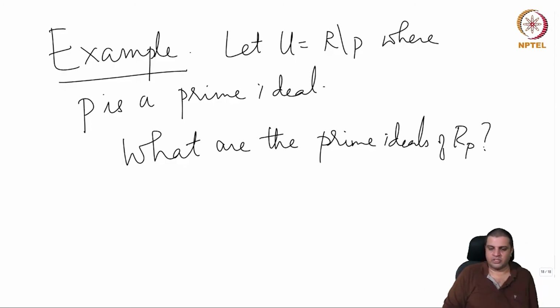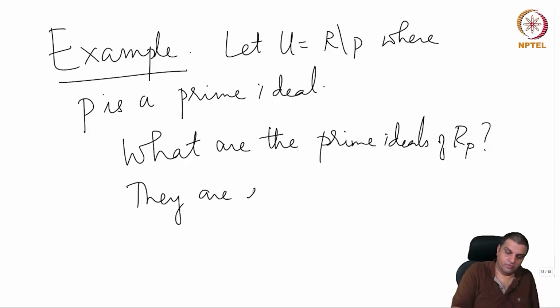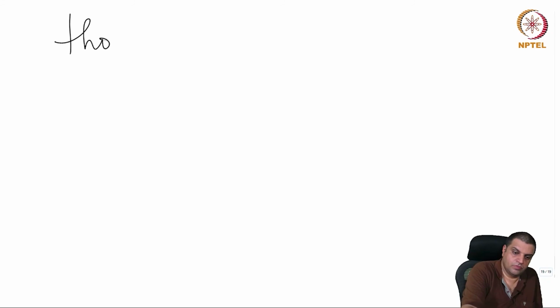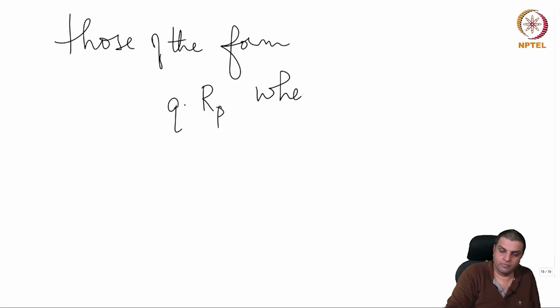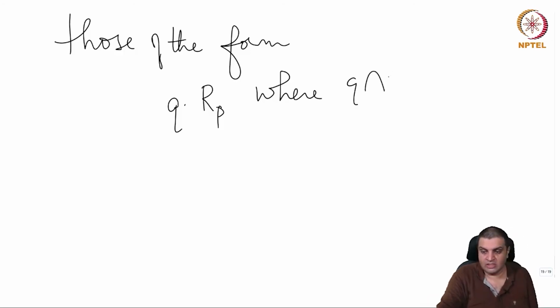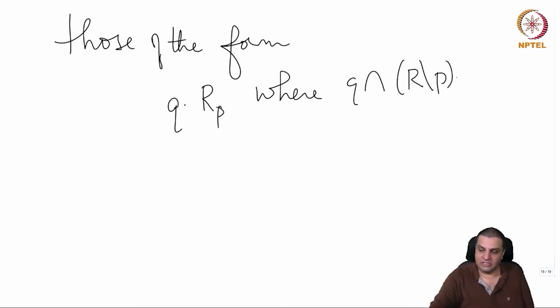The earlier proposition, which in part we proved and in part we didn't prove, gives the following, which is that they're exactly those of the form Q extended to R localized at P, where Q does not intersect the multiplicatively closed set.